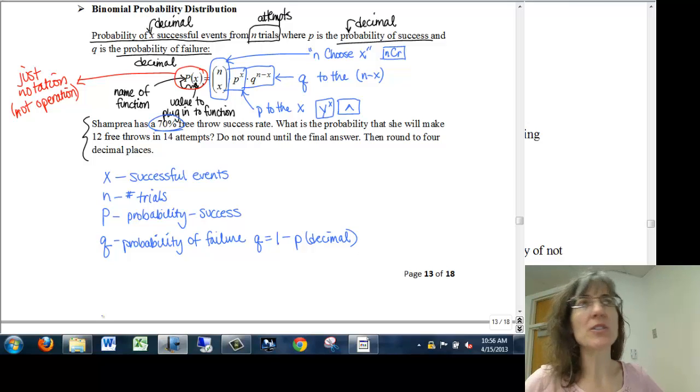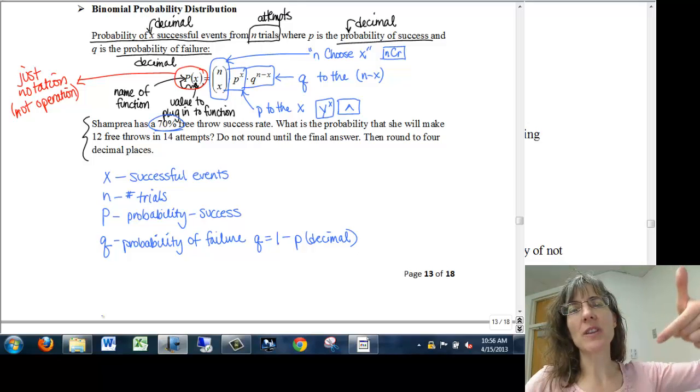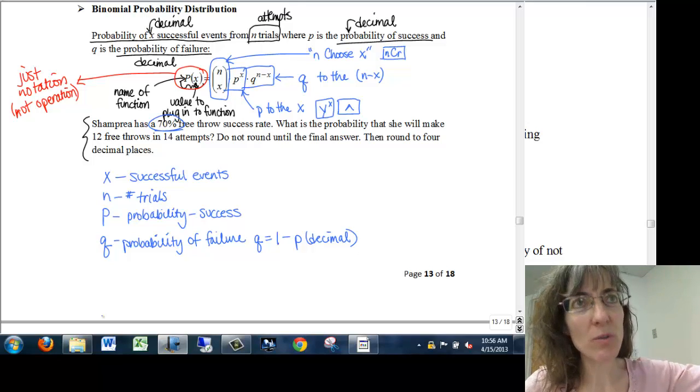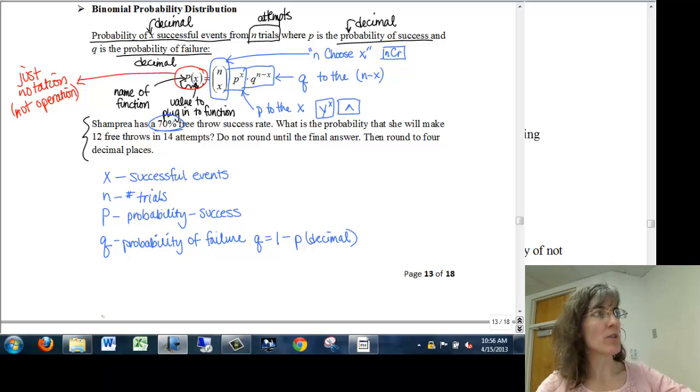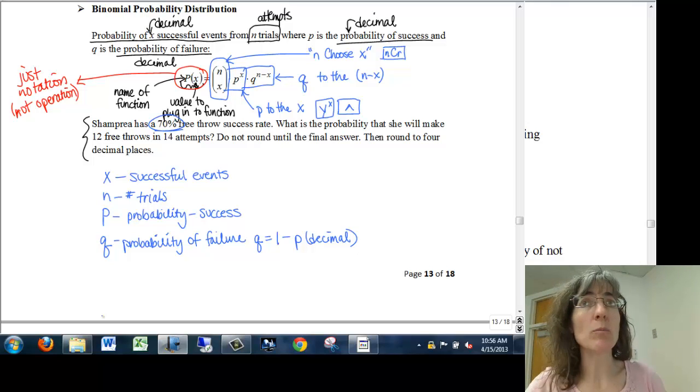All the tries, every time she tried to make a free throw, out of how many free throws she actually made. So it's actually the other way around. The number of free throws she actually made over the number she tried in several games. And then you got 70%. So that's her rate, her average of how many times she makes a basket.